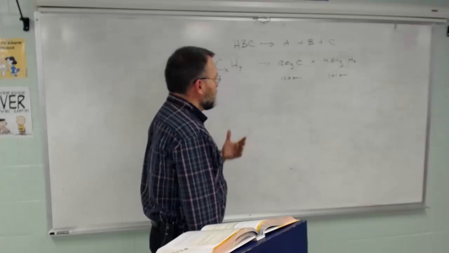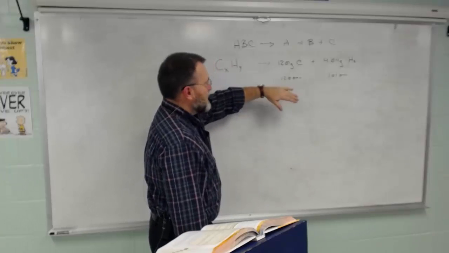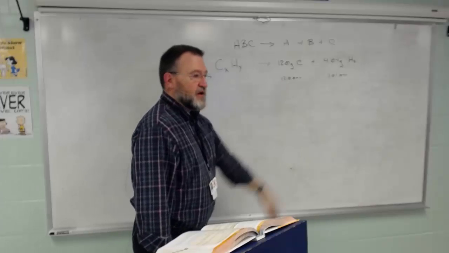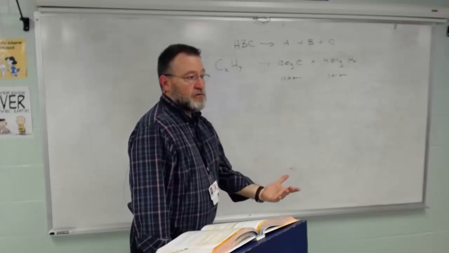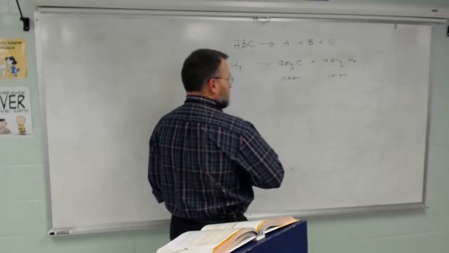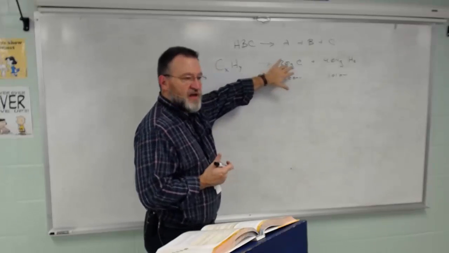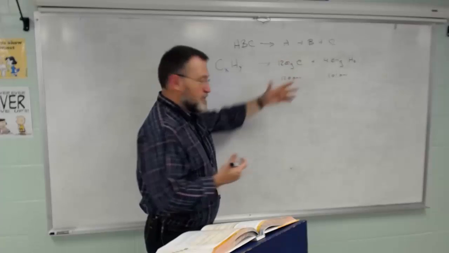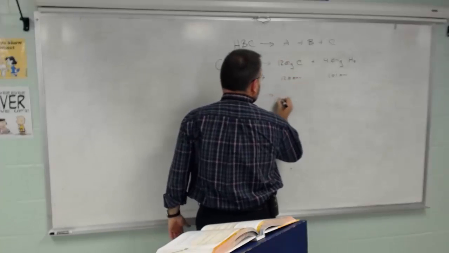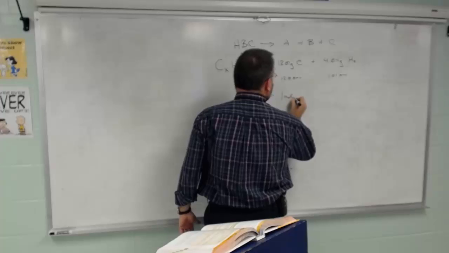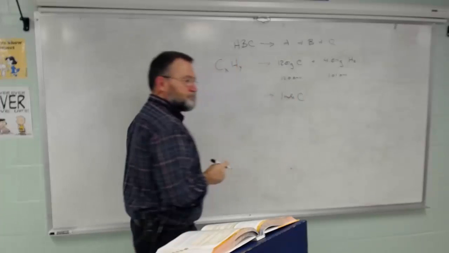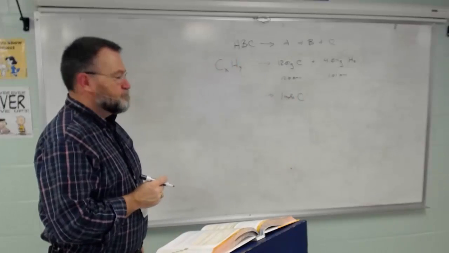So if I know that one atom is 12 AMU, I also know that 1 mole is 12 grams. So how many moles of carbon do I have? 1 mole. I know that we're producing 1 mole of carbon.